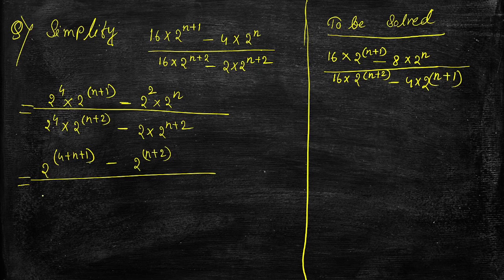This is 2 to the power 4 plus n plus 2, minus 2 to the power n plus 2. Sorry, this is 2 to the power 1, right? If there is nothing mentioned, that means the power is 1, plus 1.